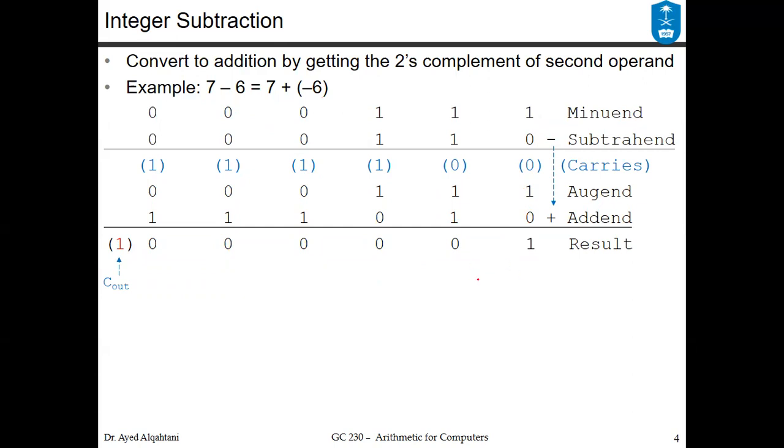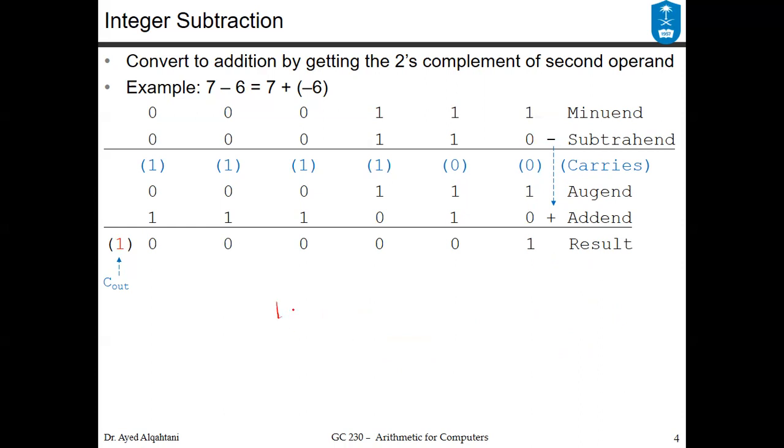Just to remind more in general about addition, if you have 2 ones that you need to add together, then the result would be 0 and a carry of 1. Notice that 1 plus 1 is equal to 2, but in binary it would be 1, 0. So if you have 1 plus 1, we keep the sum 0, and the carry to the next bit position is going to be 1.